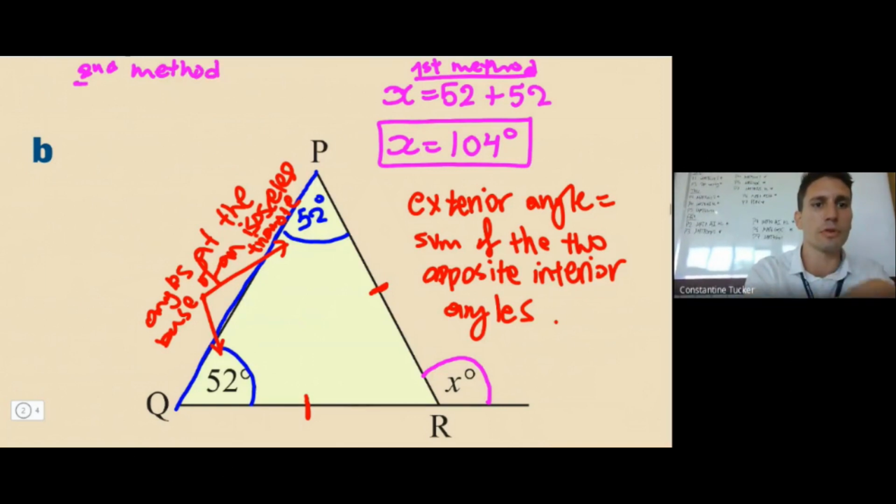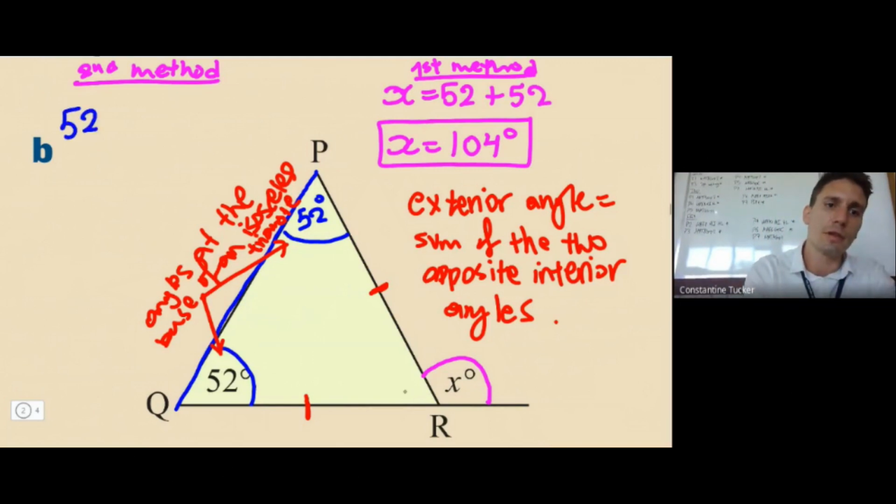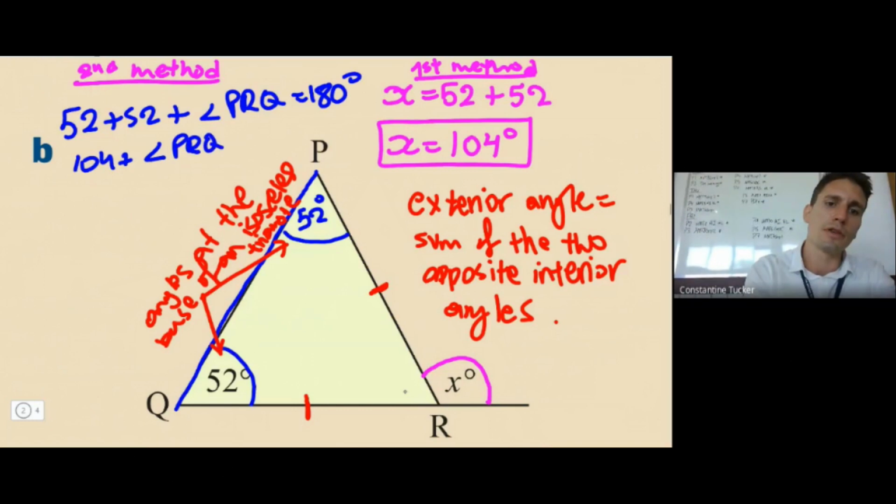So what we could do is say, okay, let's call the other one angle PRQ. So we could say 52 plus 52 plus angle PRQ is equal to 180. So you could have done it this way, which means 104 plus the angle PRQ is equal to 180, which means the angle PRQ is going to be equal to 76 degrees.